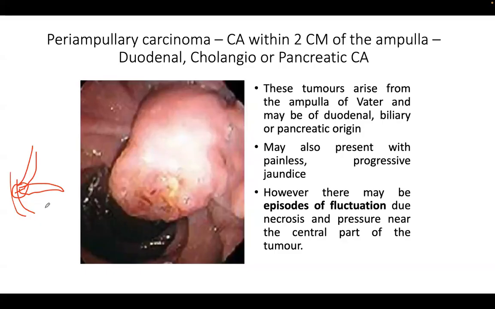This will cause obstructive jaundice, so you will have icterus and all that. As the tumor necroses, a gap forms here, creating a pathway for the bile to flow again. Therefore, the obstruction is relieved and the jaundice will settle. But the tumor is a growing tumor, so it will grow again and cause obstruction again. This is the reason for the fluctuation. I hope you understood that. If you didn't, tell me, and I'll explain it again.